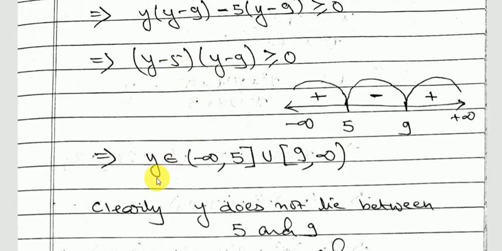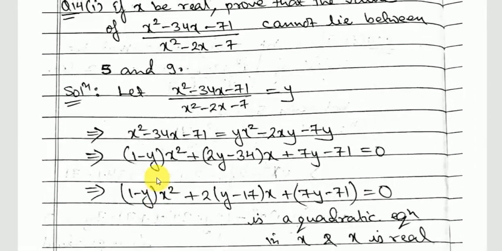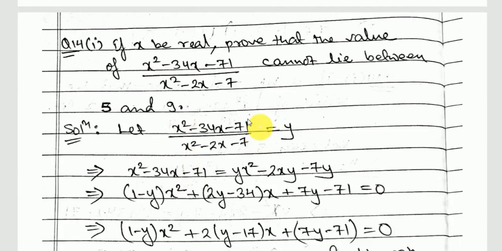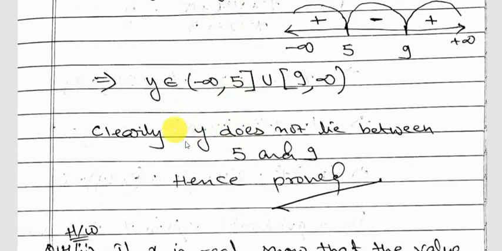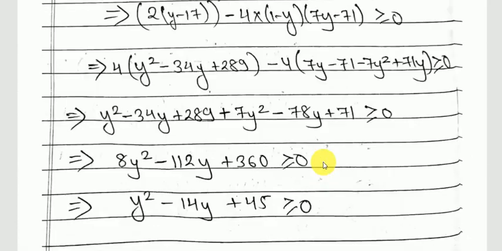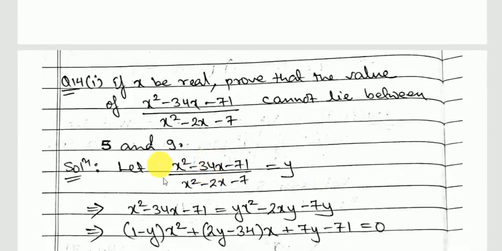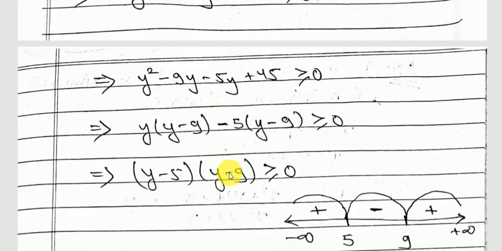You had taken the value of this expression to be y, and you can clearly see that your y is not in between 5 and 9. Your y is either here or here. So you have shown that y does not lie between 5 and 9, that means this expression cannot give you a value between 5 and 9. So that's how you prove it.